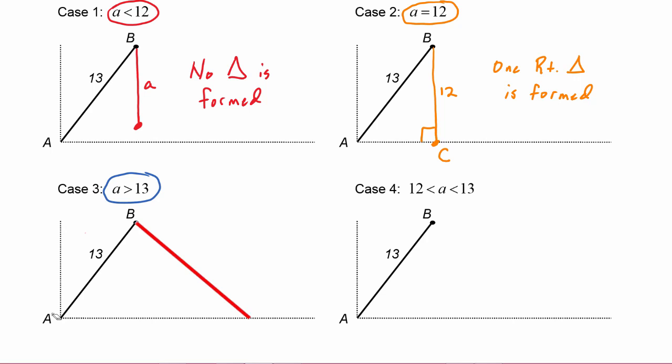One triangle is going to form, because remember, the end point of side a cannot land over here on the negative x-axis. It must land over here on the positive x-axis. So we end up getting a triangle formed. Then that means that point C is here, and one triangle is formed.